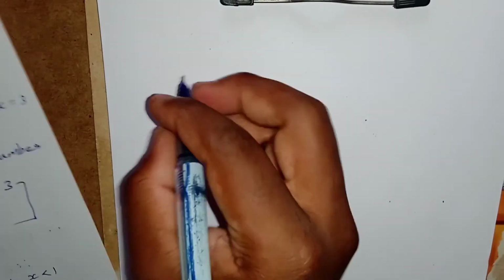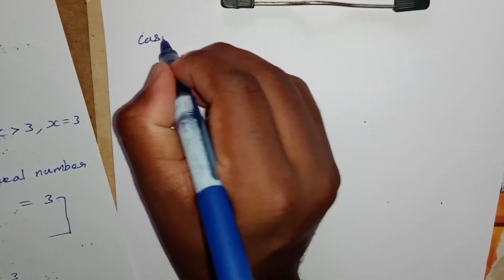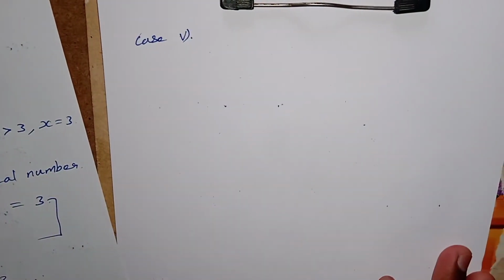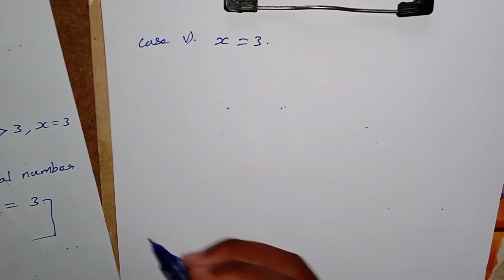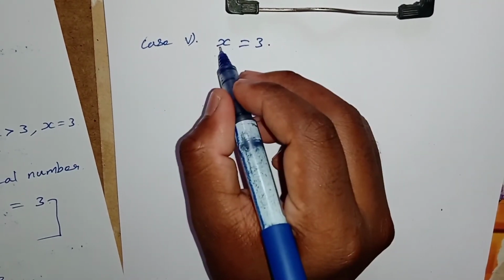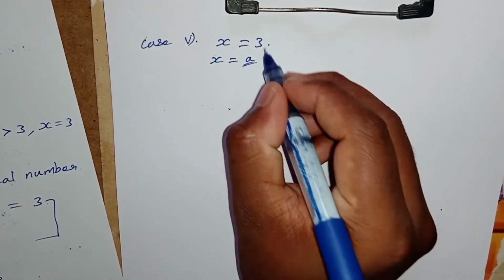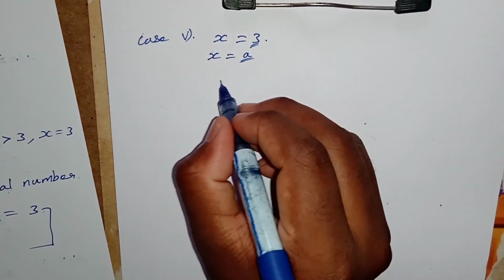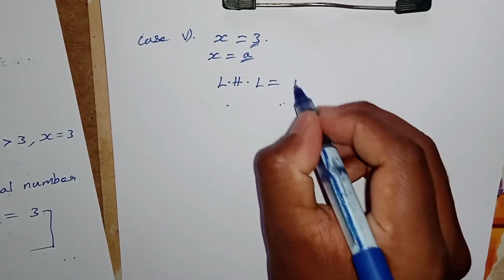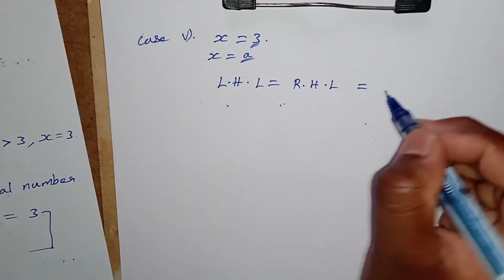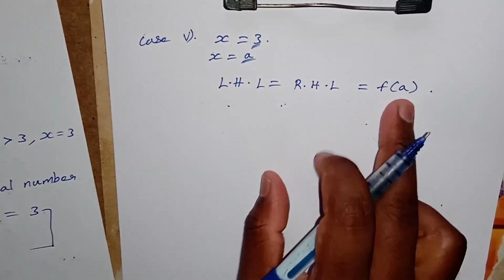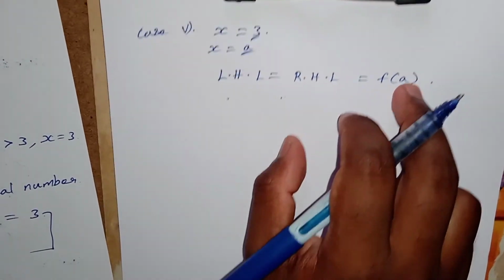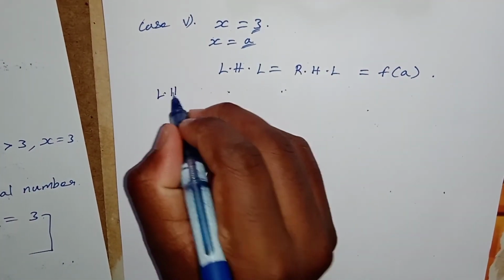Okay, next, last case, case 5. Here x is equal to 3. Therefore you have to take the point x is equal to a, where a is nothing but 3. Therefore you have to take left hand limit is equal to right hand limit equal to f of a, and f of a is nothing but f of 3. If the 3 conditions are equal, then it is continuous. Okay, first I am taking the left hand limit.